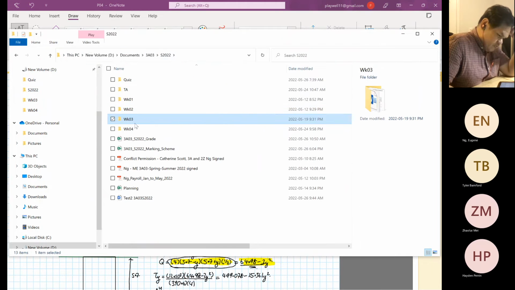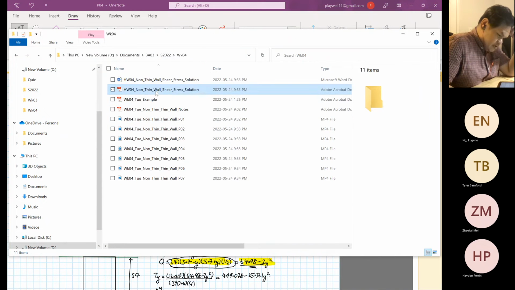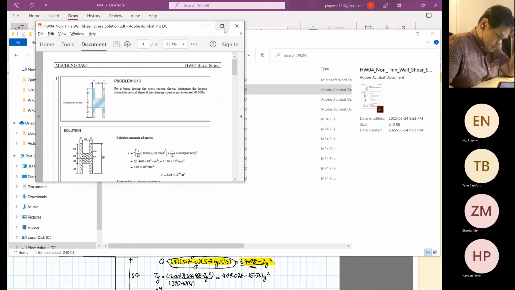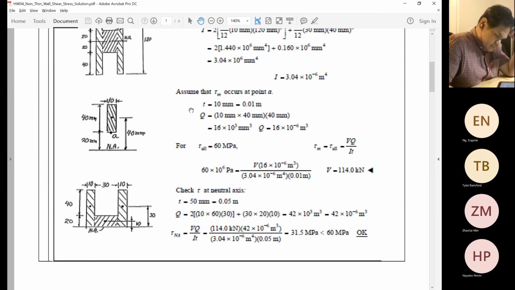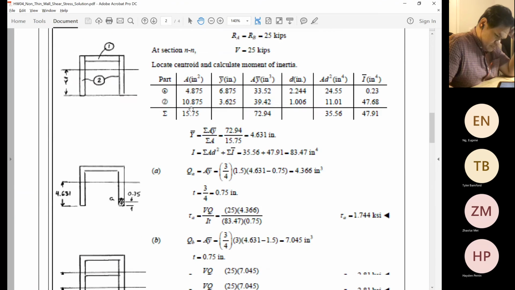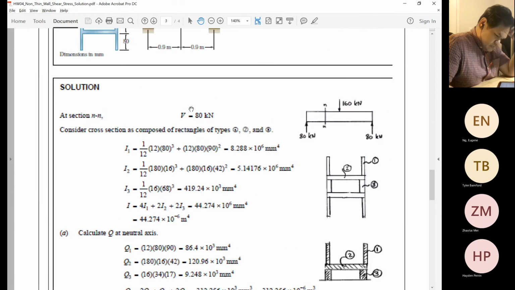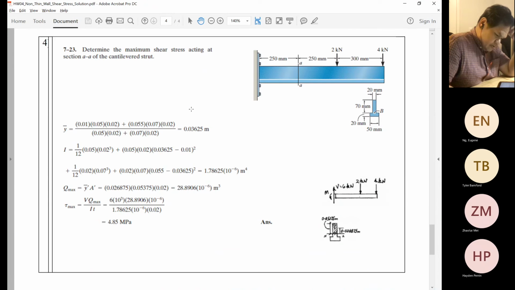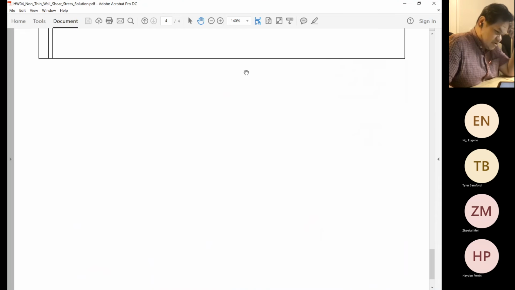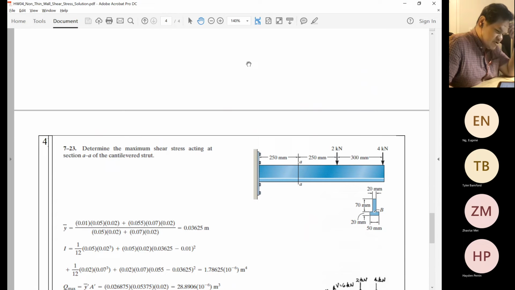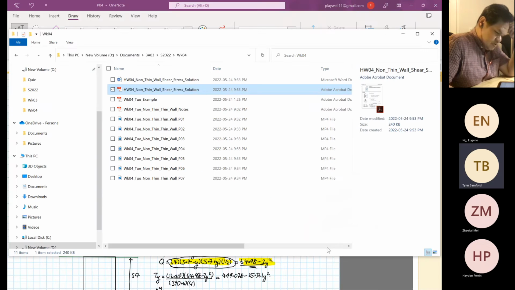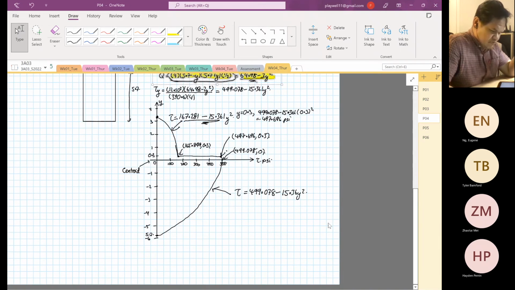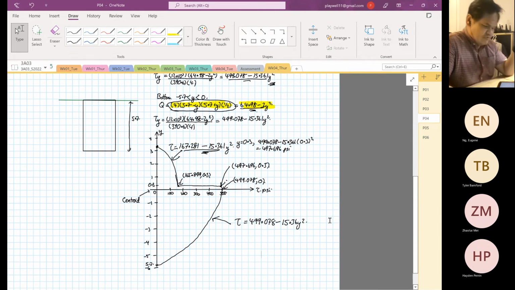Week 4, I'm surprised. You're right, I did not set it, but that's why I showed you twice in the lecture and the revision again. So I think it's a good revision for you to do. It's not really that difficult.